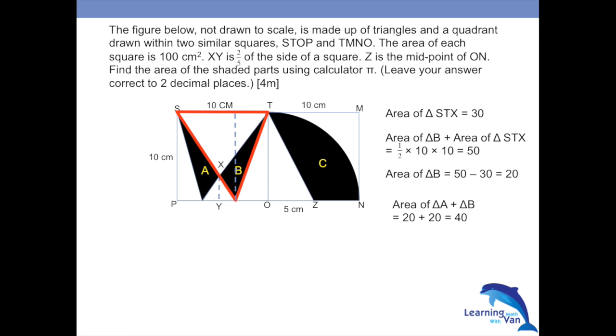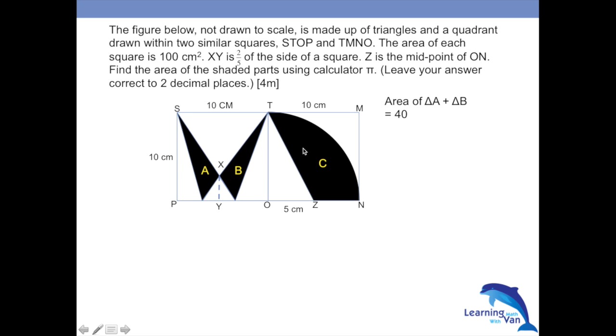So the next part is to find your area C, because you want to find the total area of the shaded parts. I think at this point, looking at C would be easy. What is C? Probably I highlight C again using a pen. So C is actually, this is a quadrant, right?